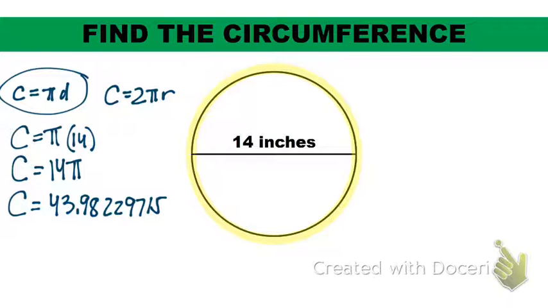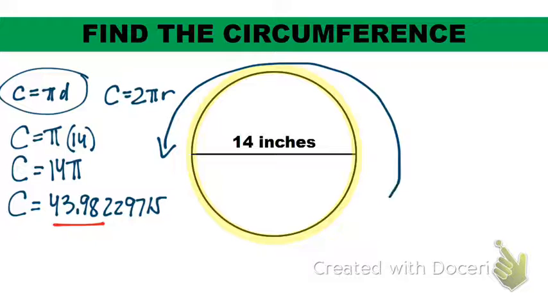And we should round off to the nearest hundredth, like we said earlier. So the final answer for this problem is that the circumference, which is how far it is all the way around the circle, is 43.98 inches.